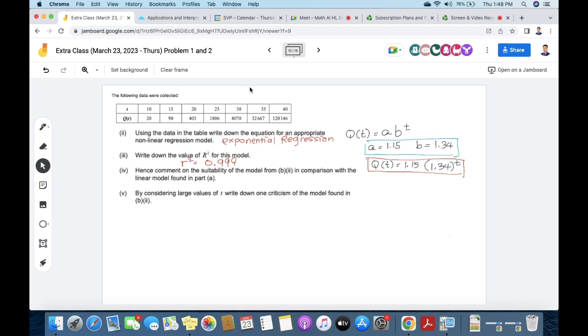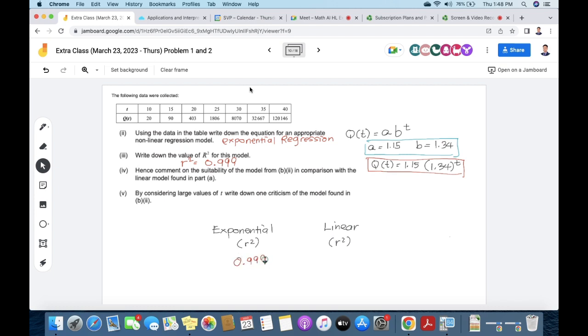So if you're going to stick with the r squared, we compare the exponential, let me write it here. This is exponential, and this is your r squared, and then we have the linear regression, and we're getting the r squared as well. For the exponential, we actually got 0.999.